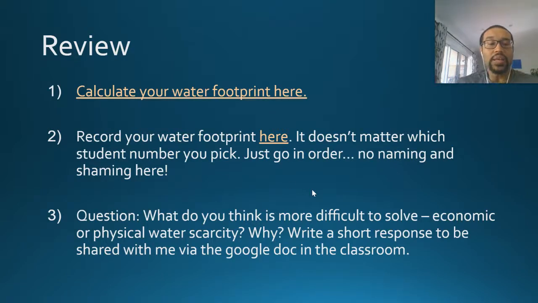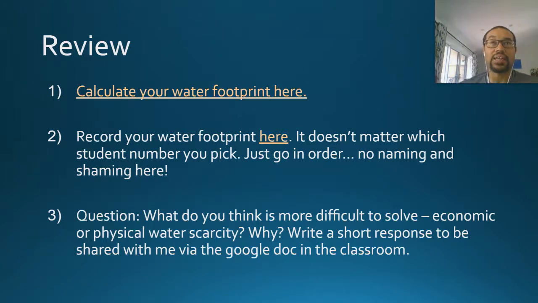Lastly, what I'd like you to do is think a little bit about water scarcity. This is not, for most of us, the situation we face here in London, Ontario, Canada, but it is faced in many, many places around the world. So I want you to think about both economic and physical water scarcity, and which of those two is the more difficult problem to solve.